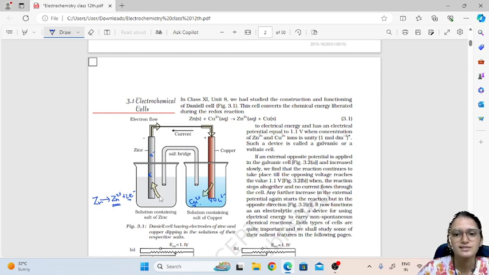So the electrons from zinc come over here, combine with the Cu2+, and form copper.